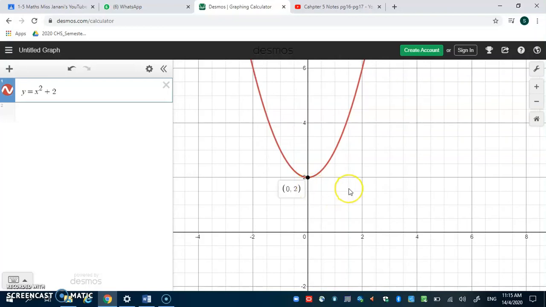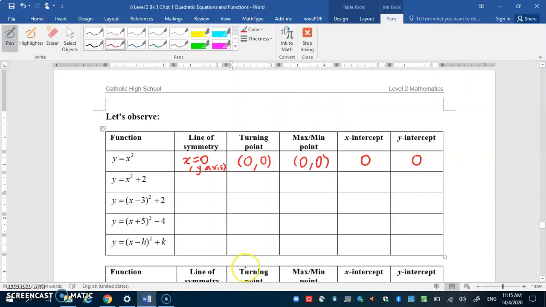At this point you realize that this graph does not even cut the x-axis, it only cuts the y-axis at 0, 2, which is also the minimum point. So the line of symmetry is still the y-axis, which is x equals 0. The turning point just now was at 0, 2, which is also the minimum point, right?